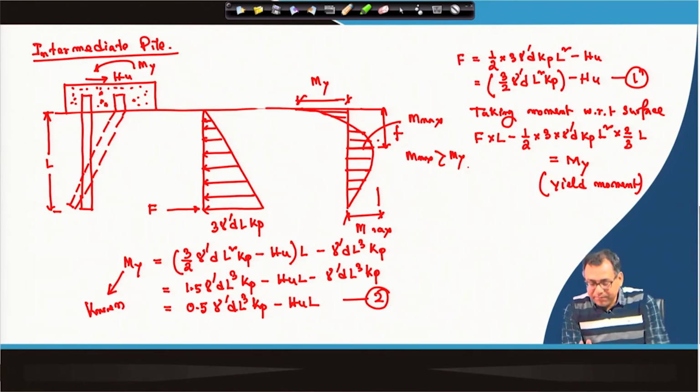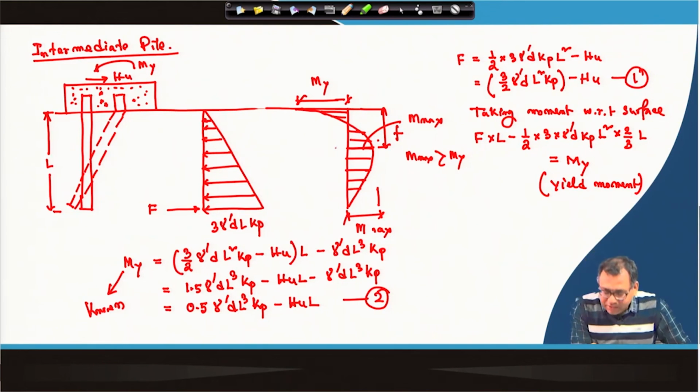Sorry, if M max is greater than M y, then intermediate pile. If M max is less than M y, then it will be a long pile. That means, if M y is greater than the moment induced at point F, then it will be a long pile.